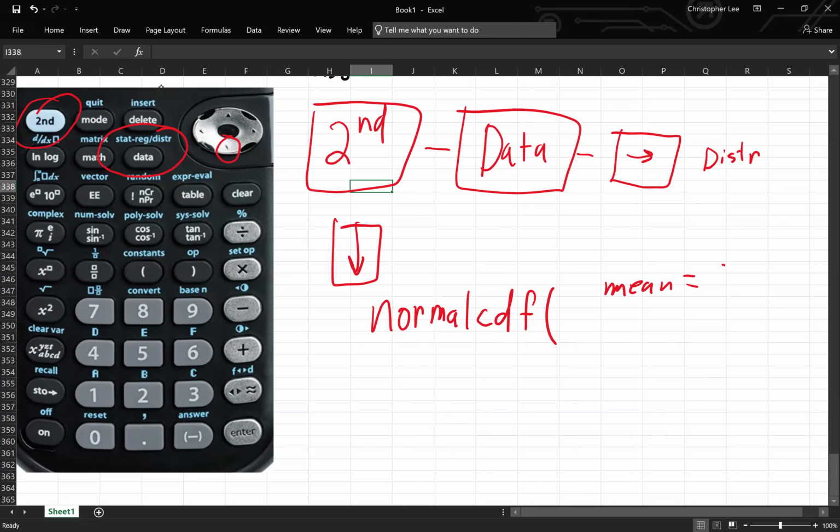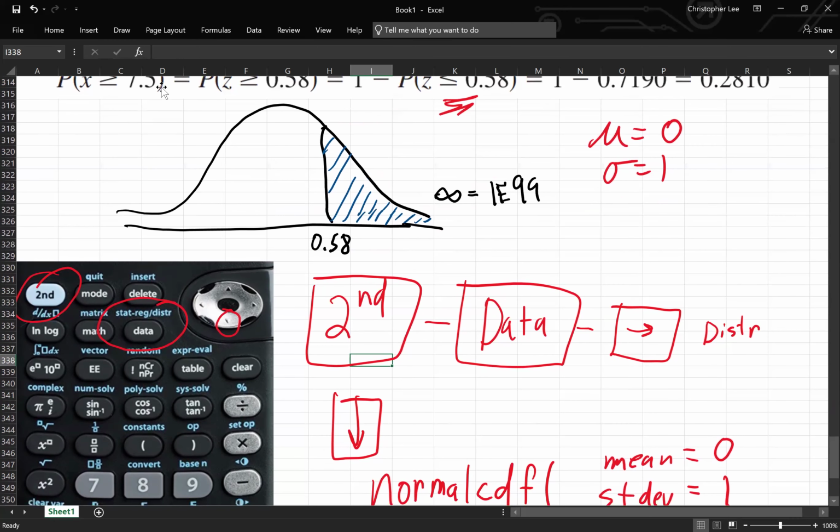So then they're gonna ask me for lower bound and upper bound. Let's imagine we're just standing right here, in between the whole distribution. Lower bound is to our left, upper bound is to our right.